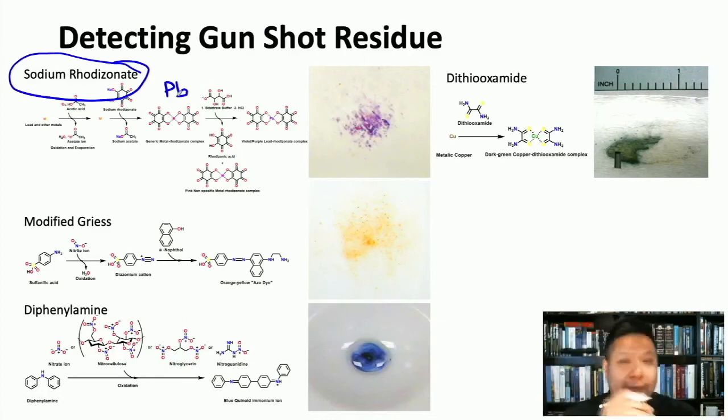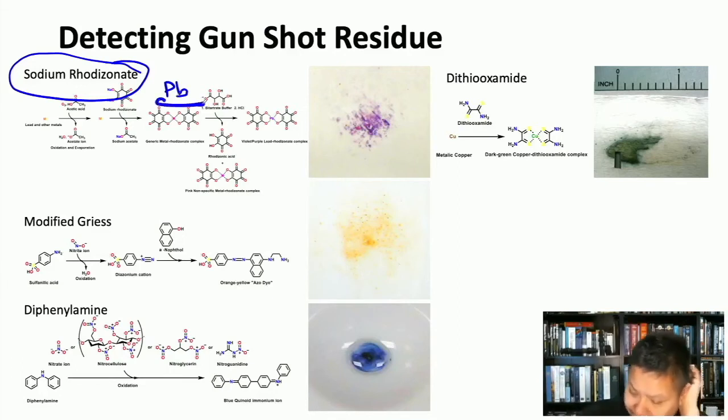So that little primer right there actually has a compound in it called lead styphnate, and lead styphnate is present in mass quantities in gunshot residue, and that's actually what you're detecting with sodium rhodizonate. Bullets are also made of lead too, but really we're looking for the lead styphnate from the primer mixtures.